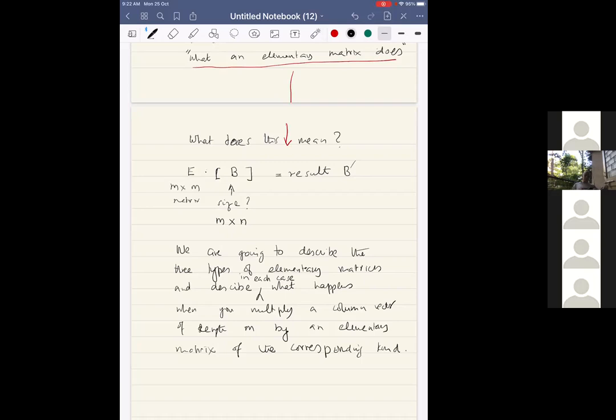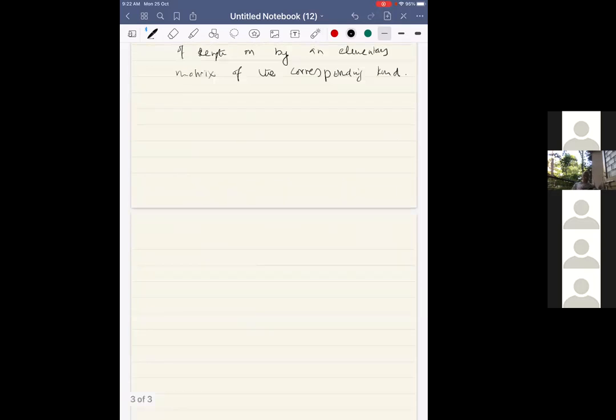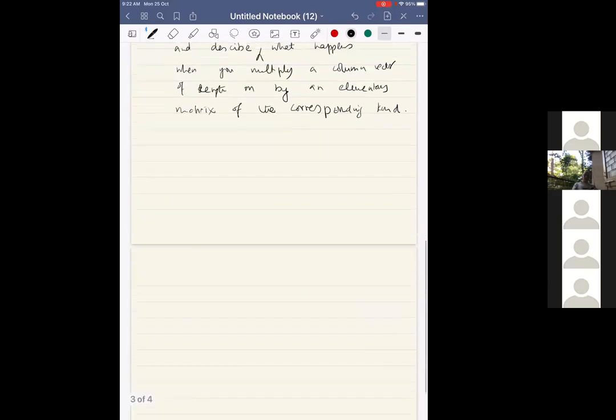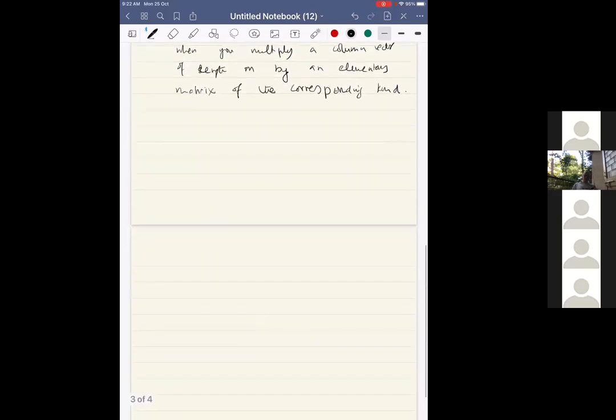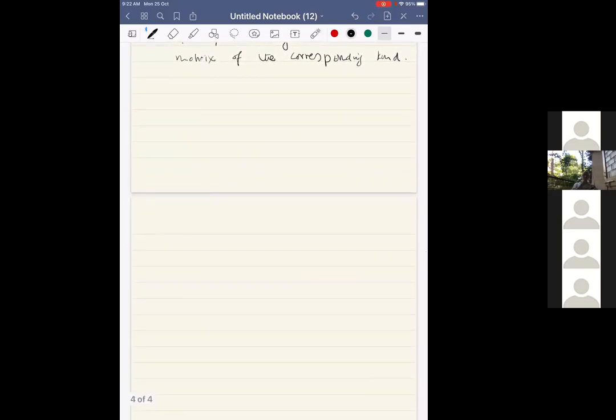So let me just very quickly remind you of the shape of the three types of elementary matrices, and then we will again slowly go through each type.